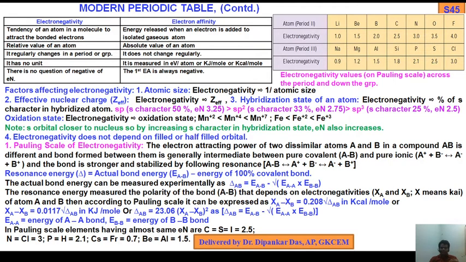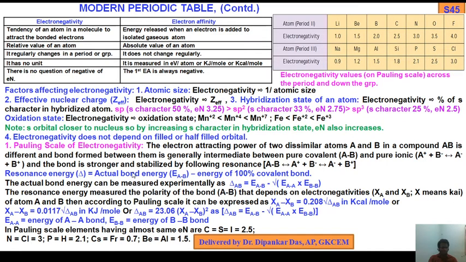The electron attracting power of two dissimilar atoms A and B in a compound AB is different, and the bond formed between them is generally intermediate between pure covalent AB and pure ionic A+B-, a resonating structure, or A-B+.